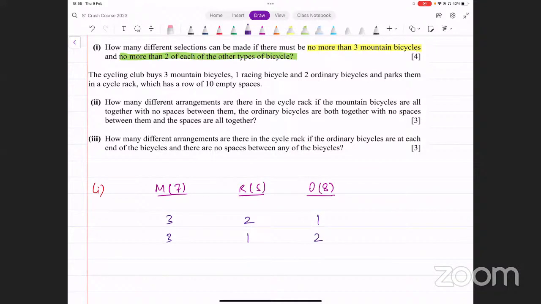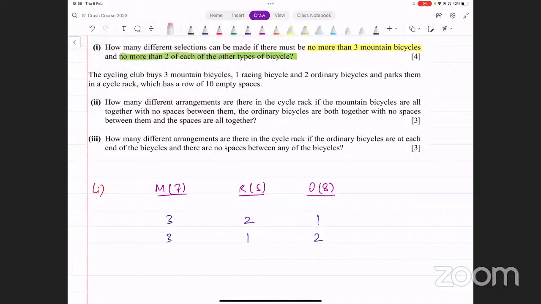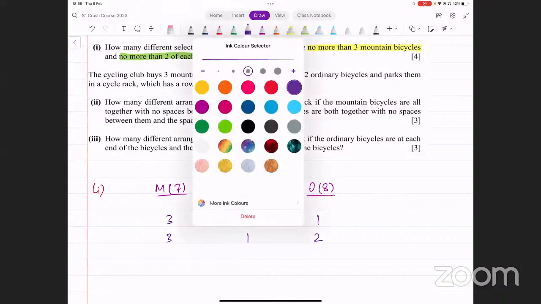Now, there's no other case with 3 mountain bicycles because if I were to make it 0 and 3 or 3 and 0, that would violate this condition. We can't do that because the other 2 types of bicycles can't have more than 2. So these are the only 2 options that we get with 3 mountain bicycles.